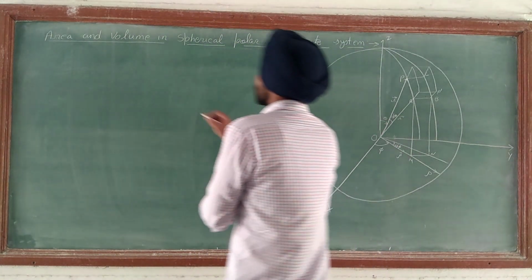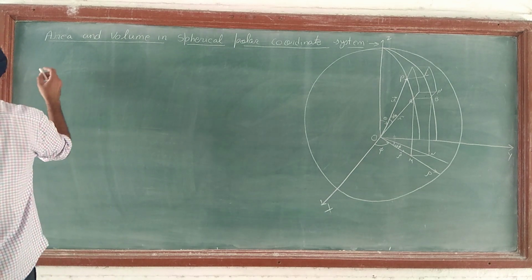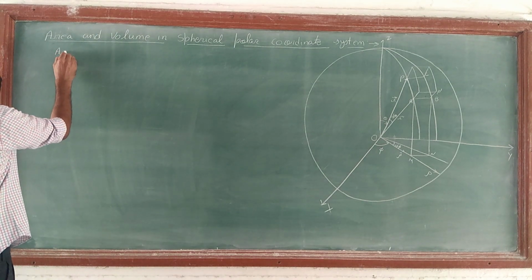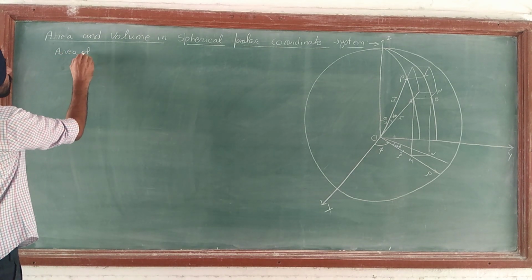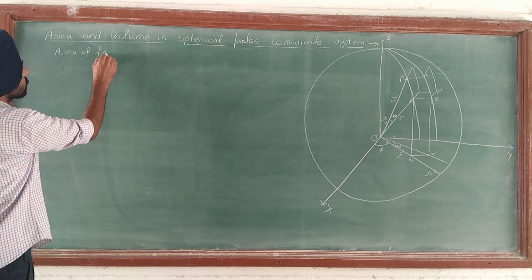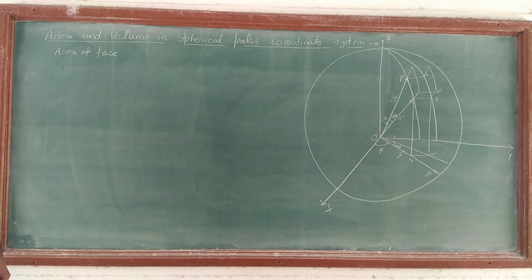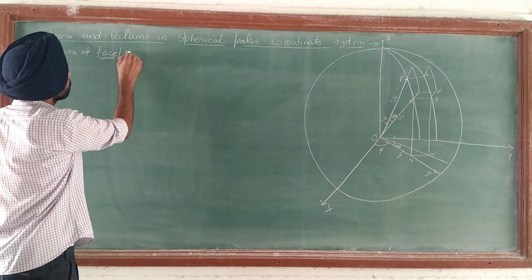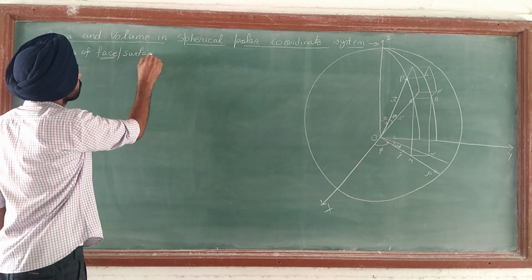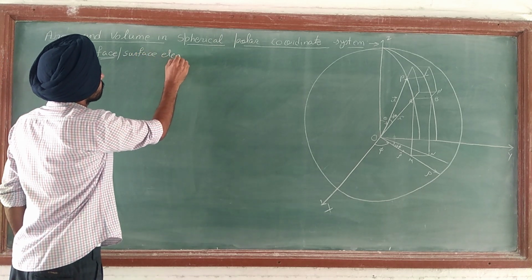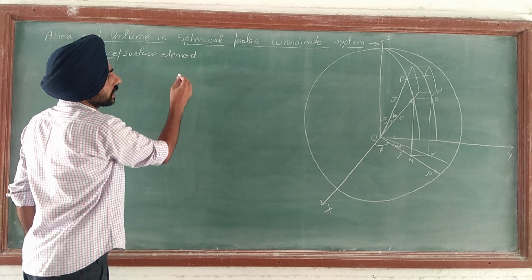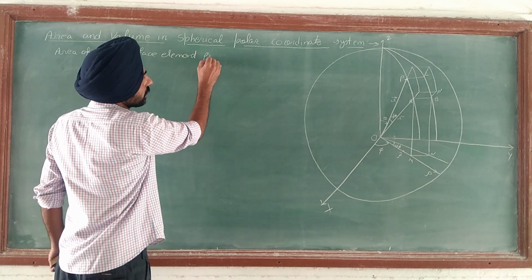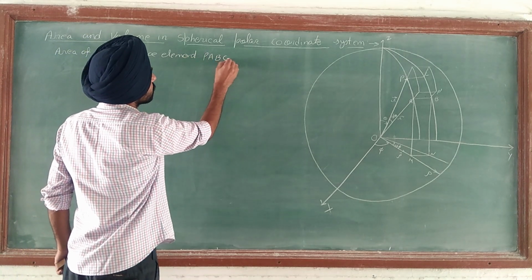So first we find the area of the face. It's better to write it as surface element PABC.